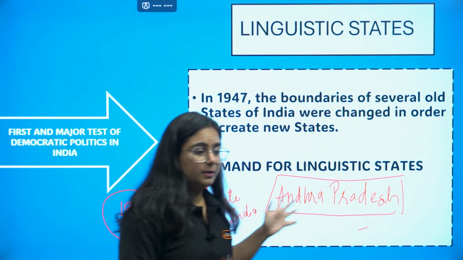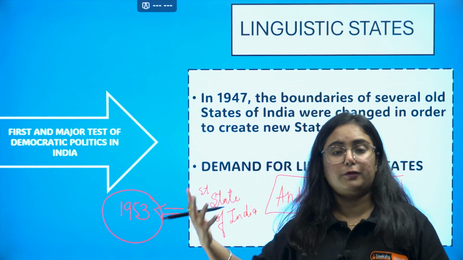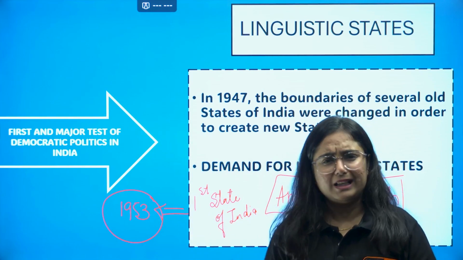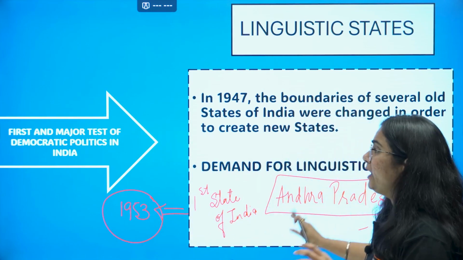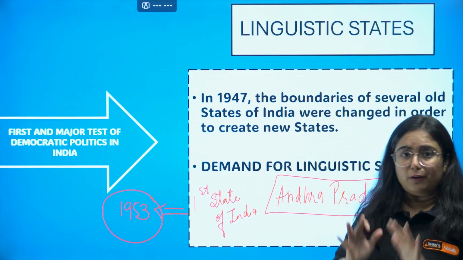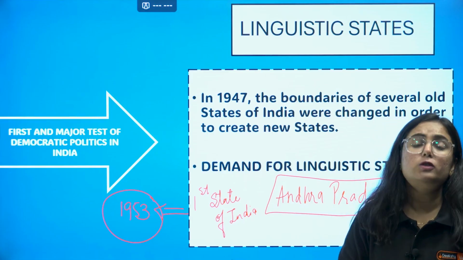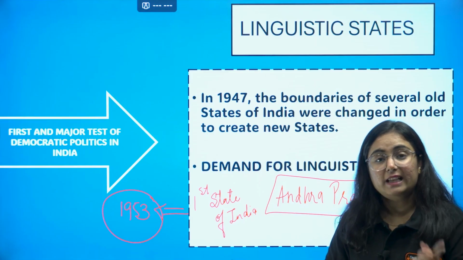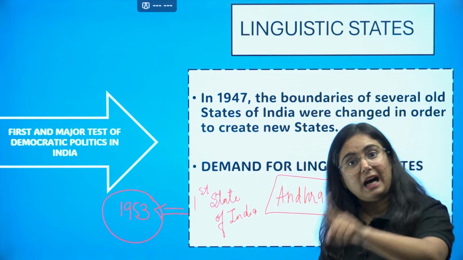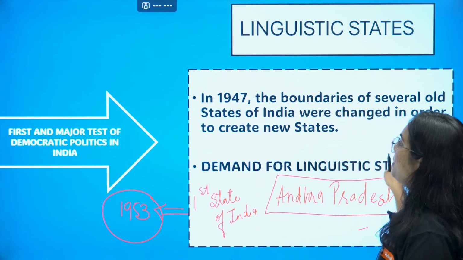Now, as Andhra Pradesh was made, other people from different states also started demanding the same thing, that it should be made on the basis of language, and finally the government of India also accepted the fact that yes, we can also frame other states which are needed on the basis of language.